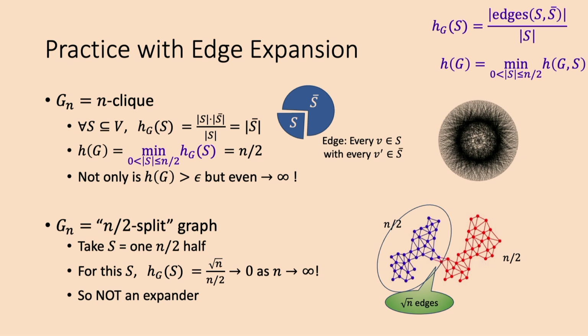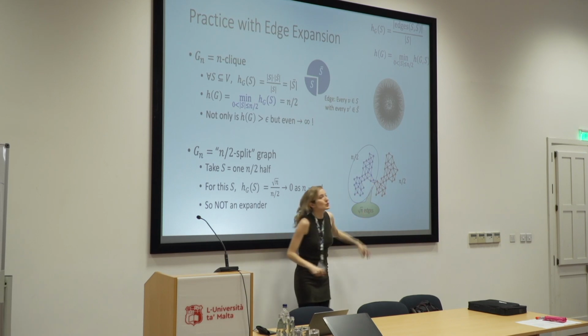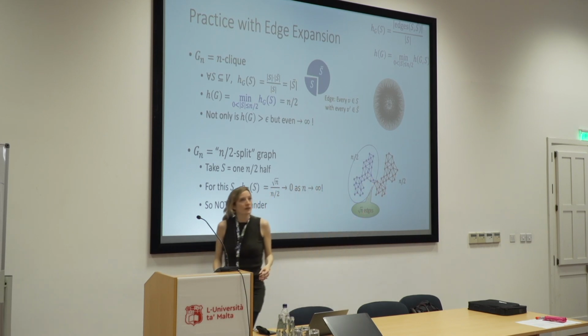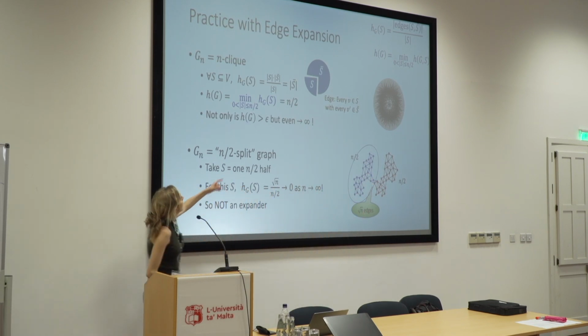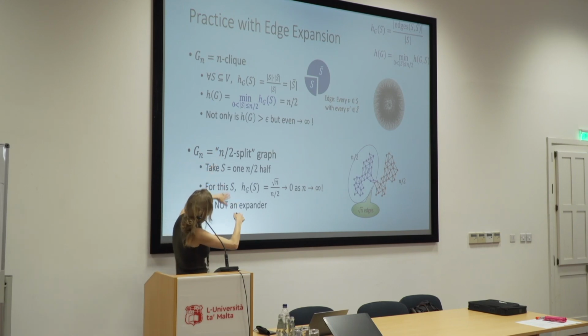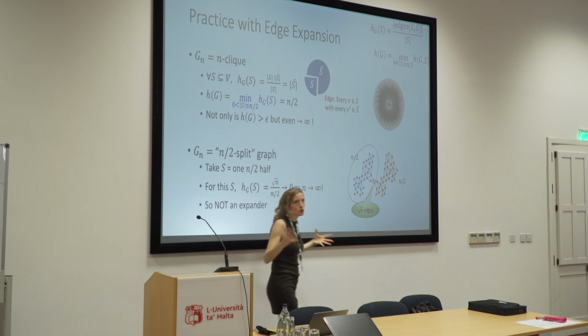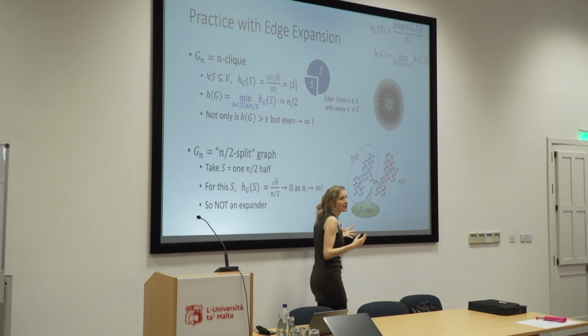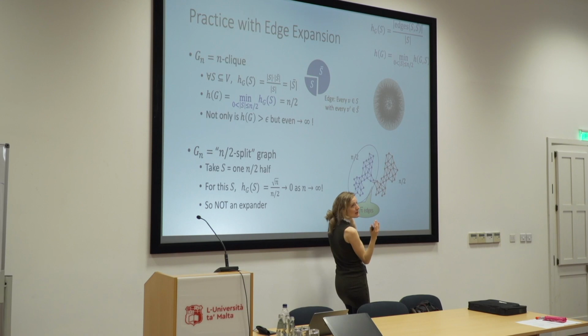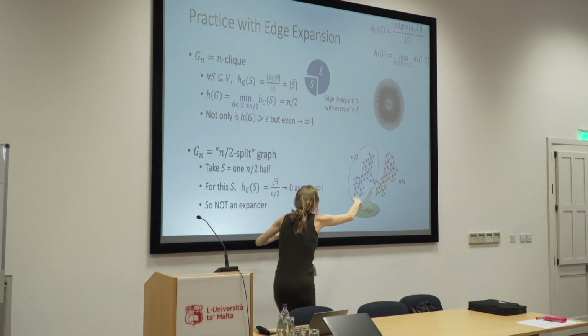And suppose that the number of edges going across here is square root n. Now, let's consider this h of S. What's a potentially bad choice of S up to size n over 2? For example, this. Let's consider this being my S.